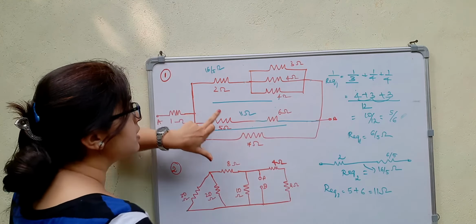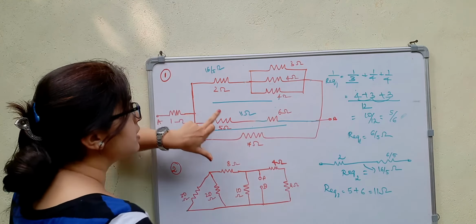This is the equivalent resistance of this particular part, which I will call R equivalent 5, equal to 1.8304 ohms. Now that is in series with 1 ohm, so it will be plus 1, that is equal to 2.8304 ohms. So now let us consider the second problem.